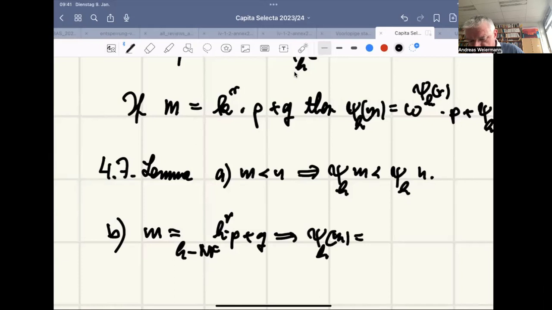And this will have the following property. It will have a normal form property, namely it's omega to the ck of r times p plus ck of q.